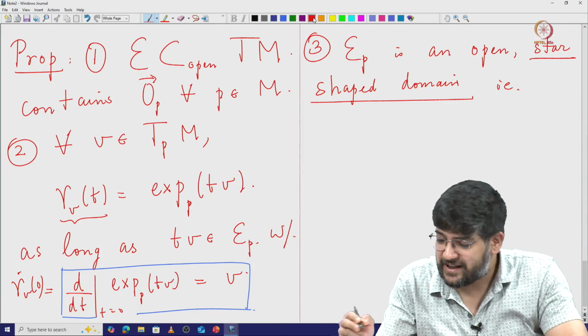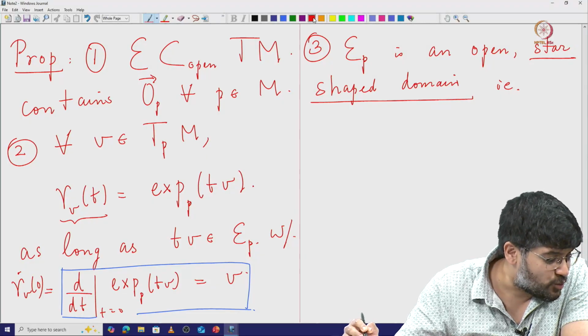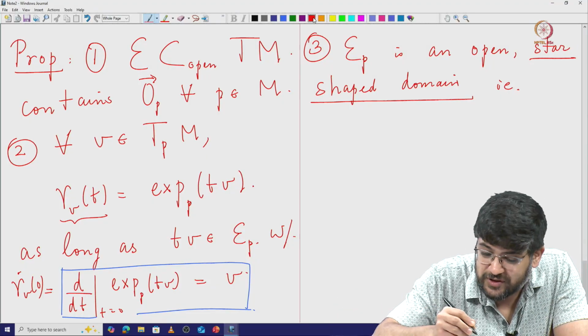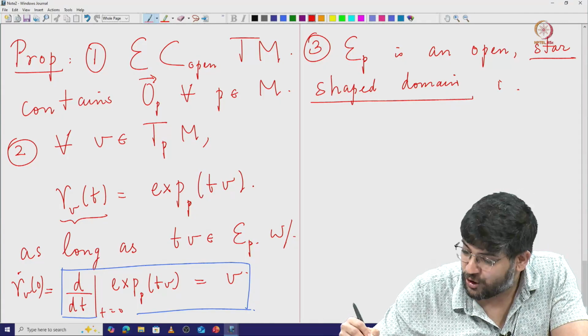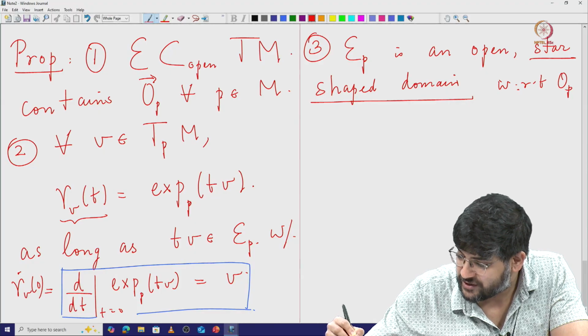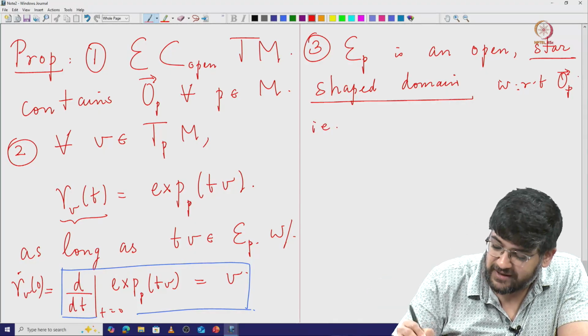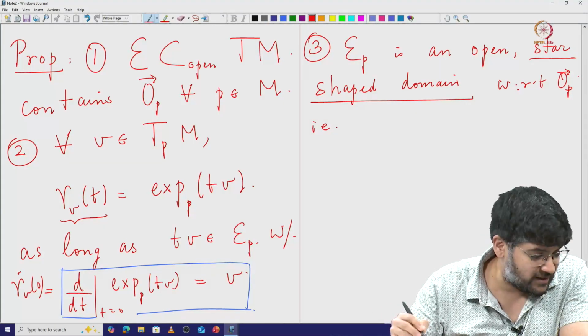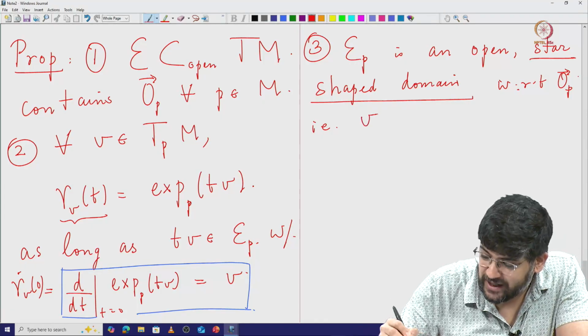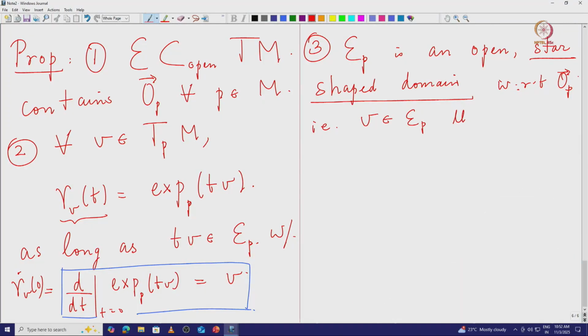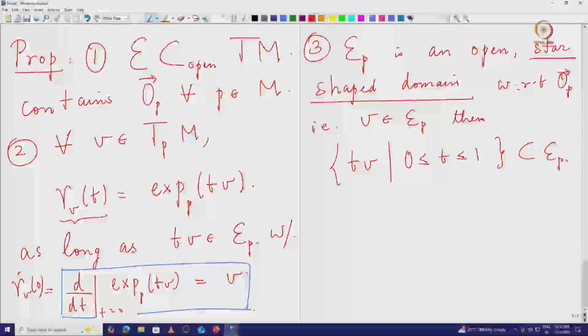Then the third point is that E_p is an open star shaped domain, which means a star shaped domain centered at, or with respect to, the origin. So, it is star shaped with respect to the origin. That just means the following, that if you take a vector v in E_p, then this entire set t times v, where t is between 0 and 1, is contained inside E_p, okay.